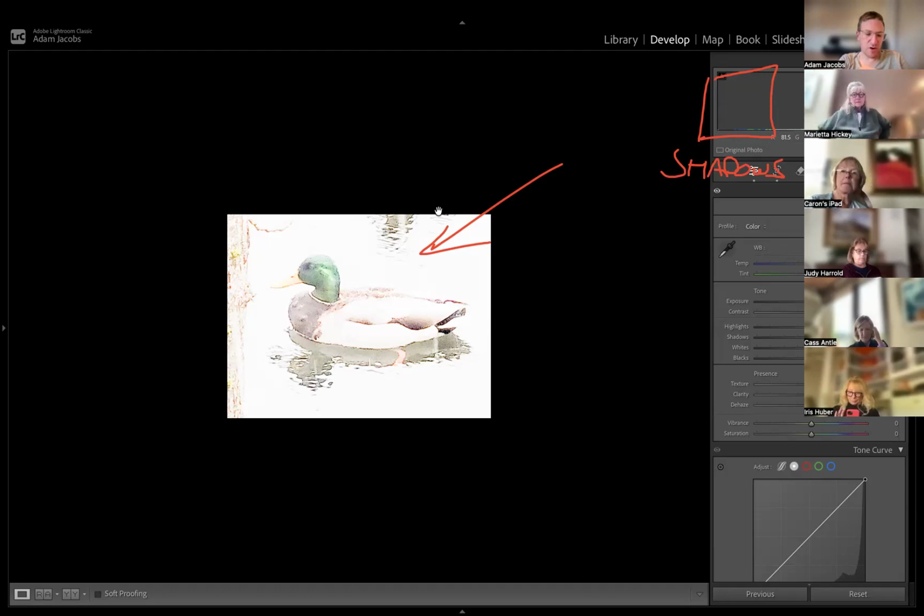Were you seeing a chart or were you seeing zebra lines? I was getting the zebra lines, and that's why I would change the ISO.